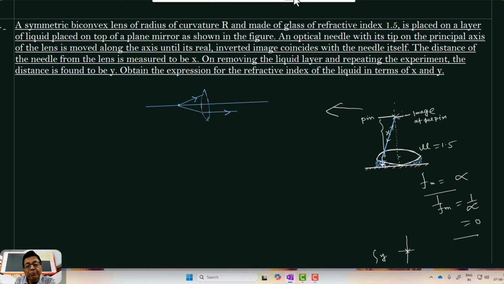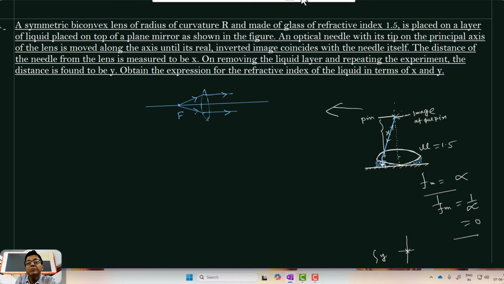So the beam will be parallel to each other if the position of the object is at the focus. So this time the needle and its image will coincide if and only if this point, pin or needle, is situated at the focus of the lens.